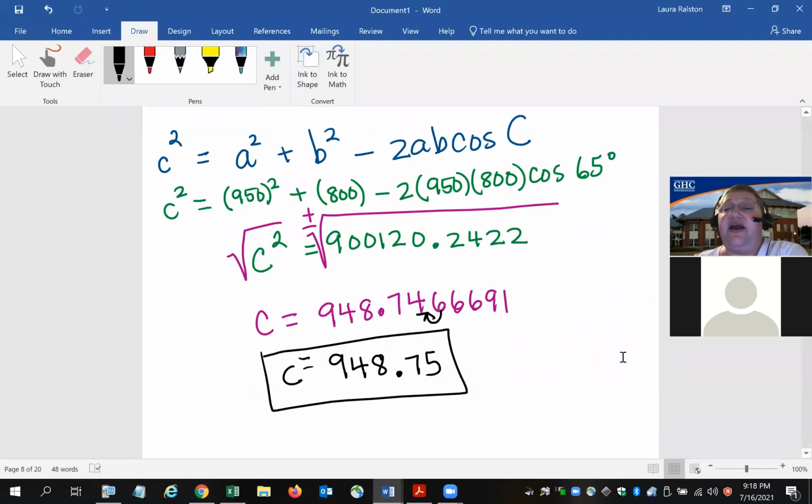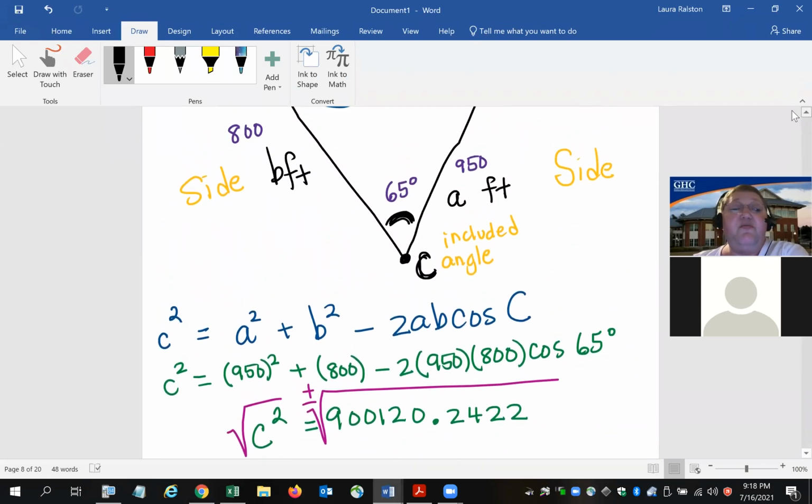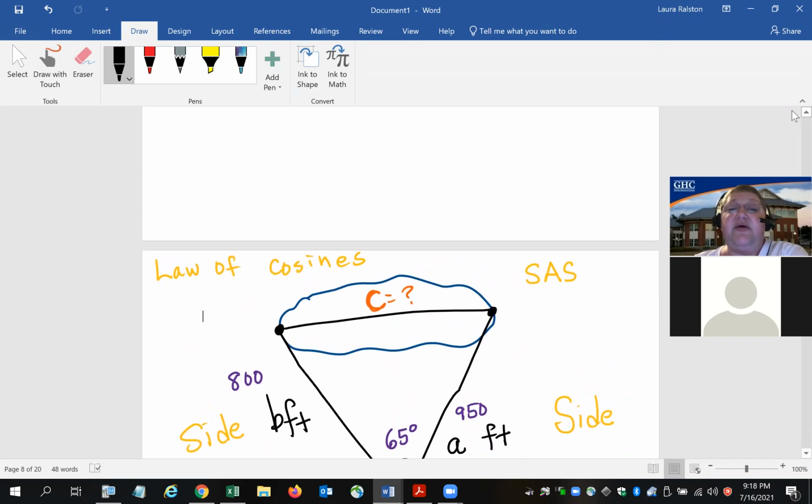Now, you have to be careful. It's not overly obvious necessarily in this problem, but when you're doing law of cosines, and in this case, we had to find C because that's what they were asking us for, but a couple of things to remember when you're dealing with oblique triangles.